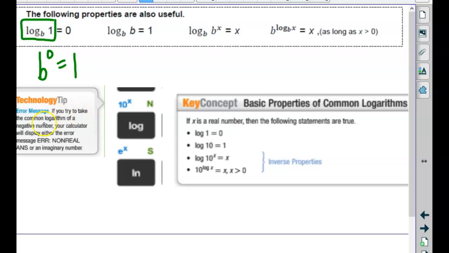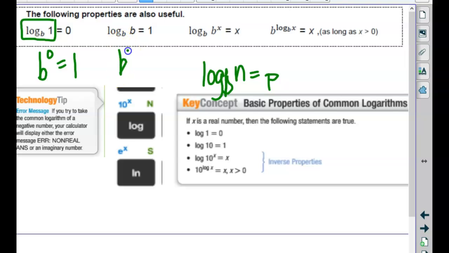It says if you try to take the common log of a negative number, your calculator will give you an error. So the b has to be positive, and so does n, okay? P can turn out to be negative, but the b and n have to be positive.